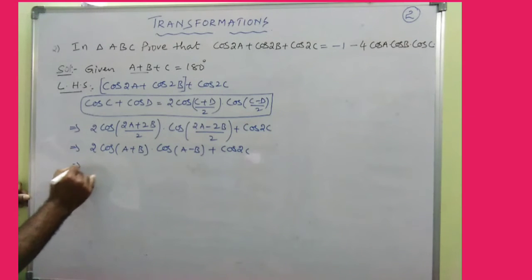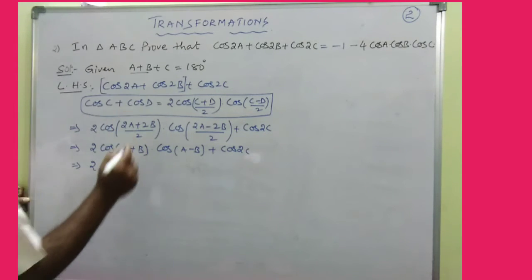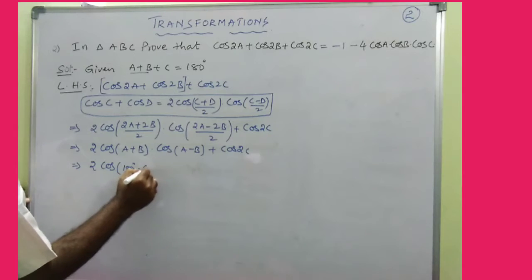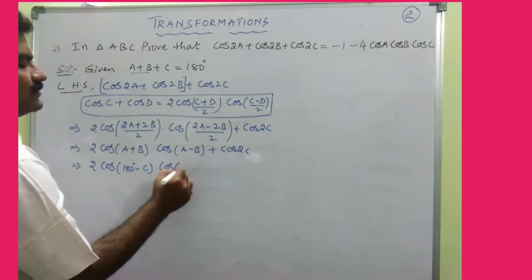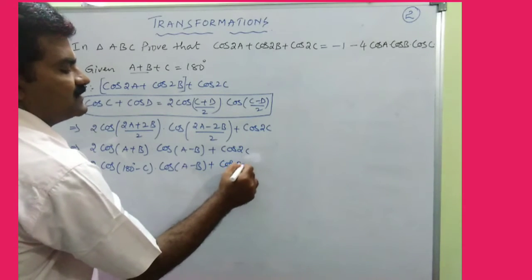Okay, so what can you guess next? A plus B is nothing but I can write it as 180 minus C, into cos of A minus B plus cos 2C.